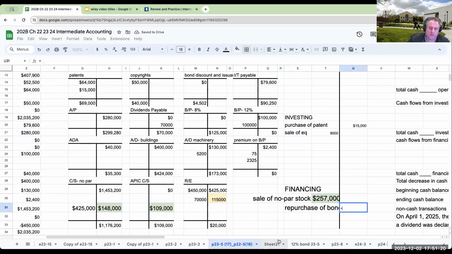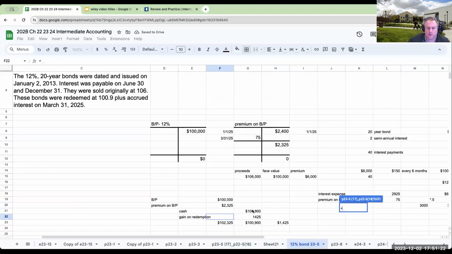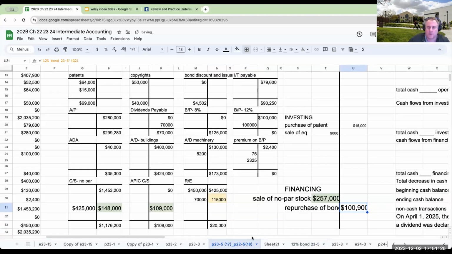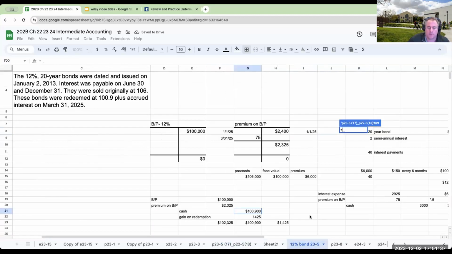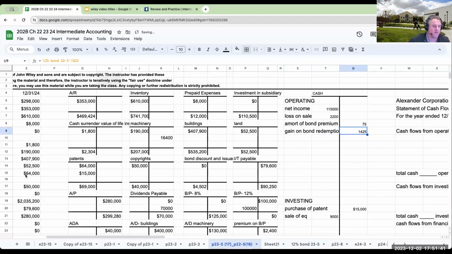My repurchase of my bond is going to be 100,900 credit. And then I'm also going to have a gain on bond redemption. My gain on the bond redemption will be right over here at 1,425.